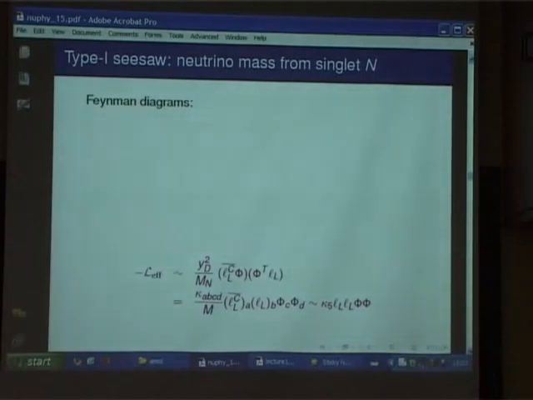So what did we get? We said that we had a neutrino, we derived this.